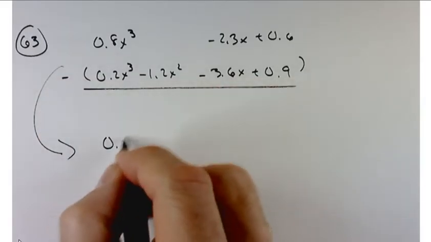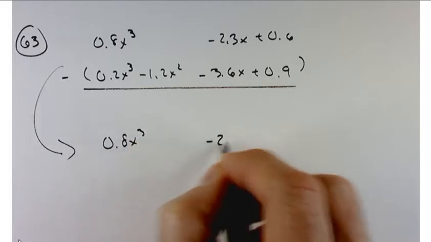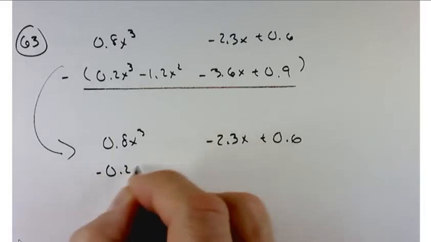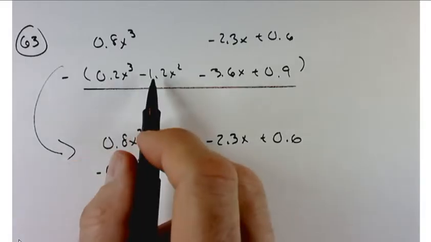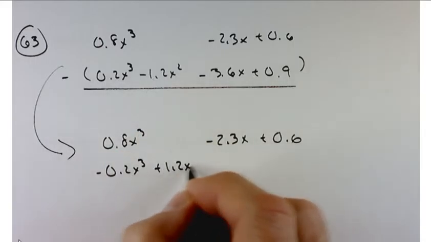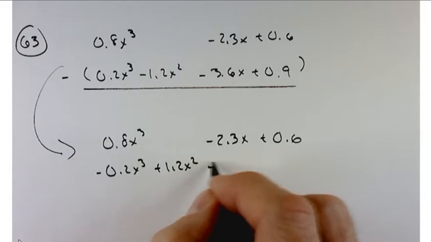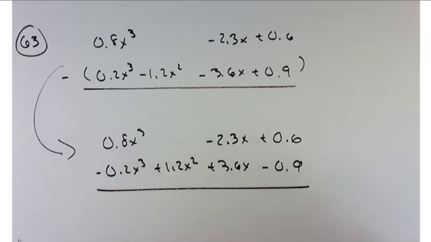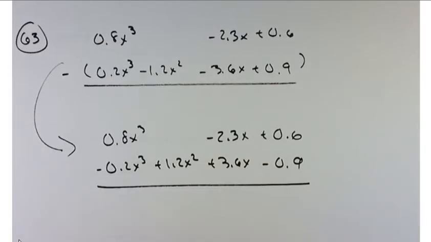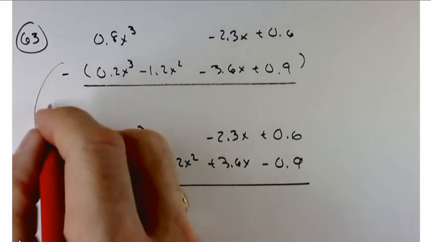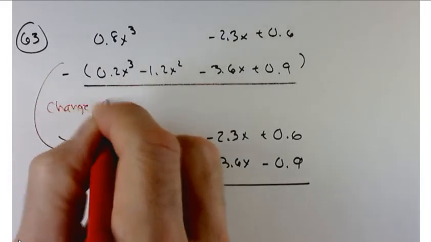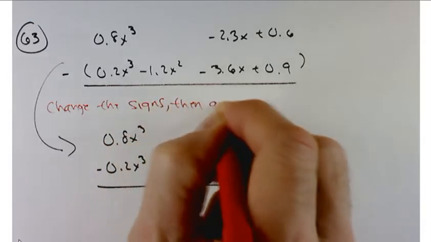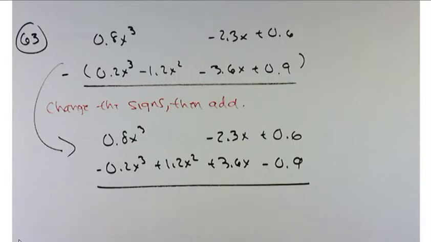So it's going to be 0.8x cubed minus 2.3x plus 0.6 minus 0.2x cubed plus 1.2x squared plus 3.6x minus 0.9. So what did I do here? Change the signs, then add.